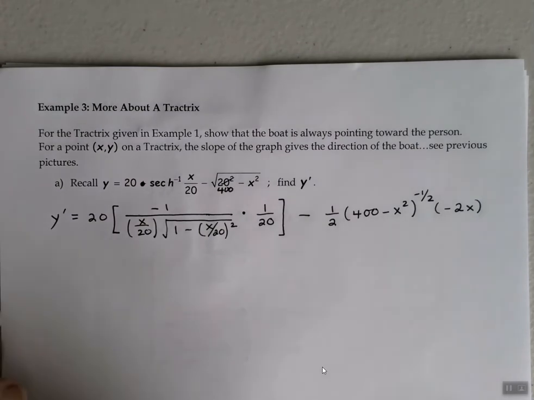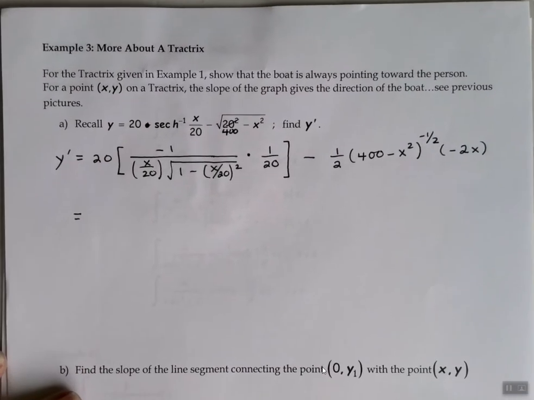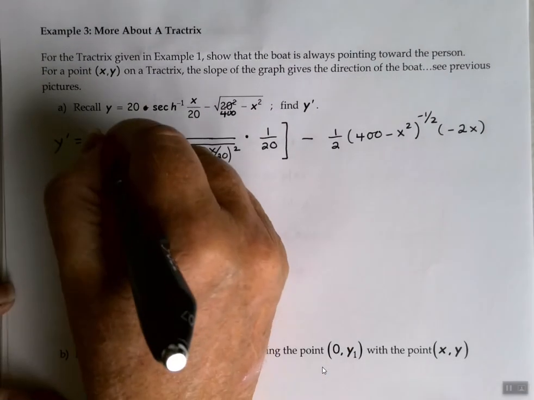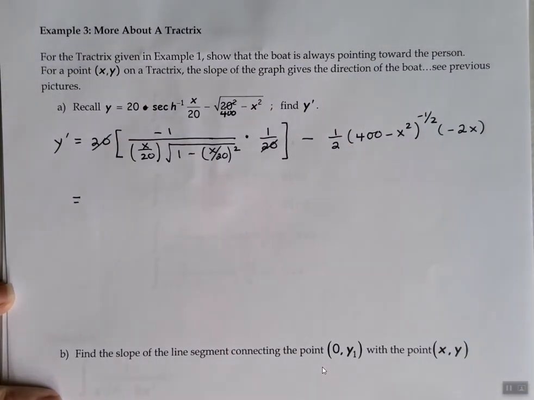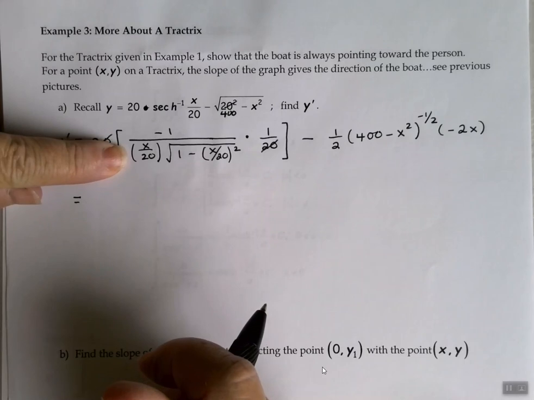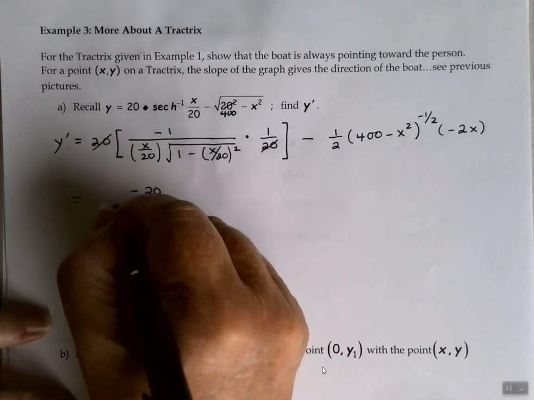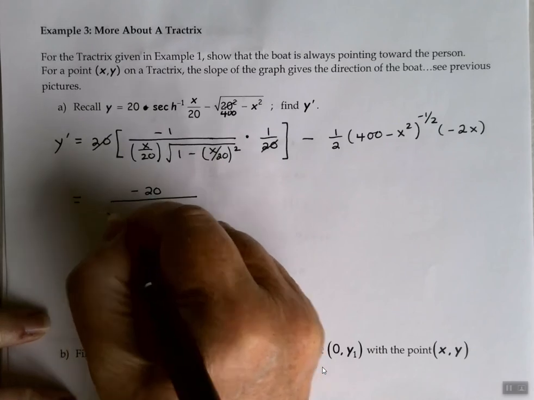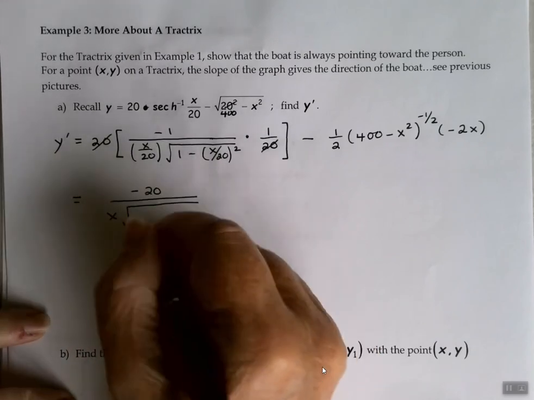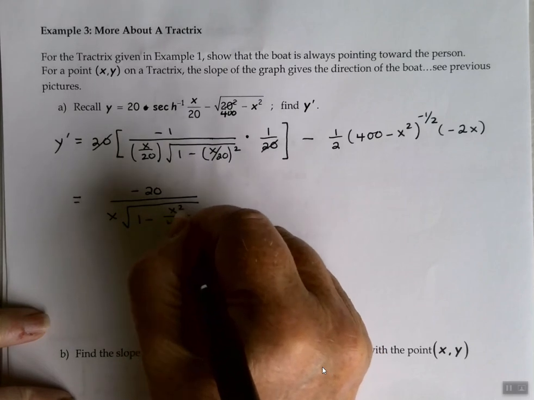I am going to play around with this just a little bit and see if I can clean this up and make it look a lot better than that, because that's kind of a mess. Let's see, those I can get rid of. And I'm going to go ahead and do an invert and multiply on this. I'm going to call that -20 on the top over x square root 1 minus x squared over 400.